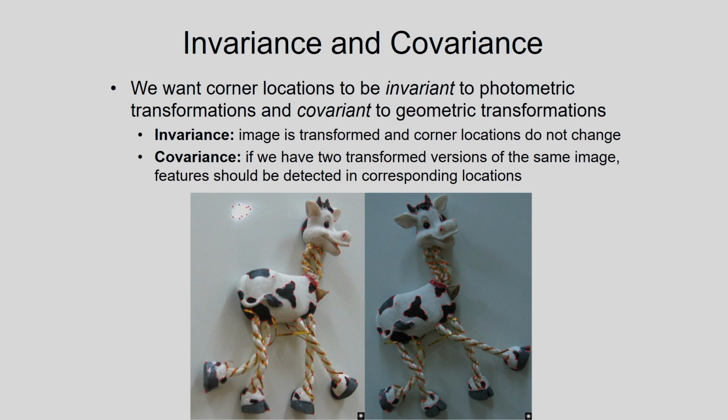Suppose the image is transformed and the corner locations do not change, that is nothing but invariance. And if we have two transformed versions of the same image, that means I am doing some affine transformation of an image, and the feature should be detected in the corresponding locations.